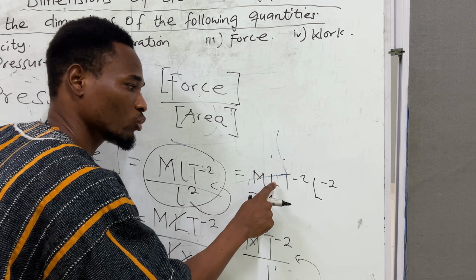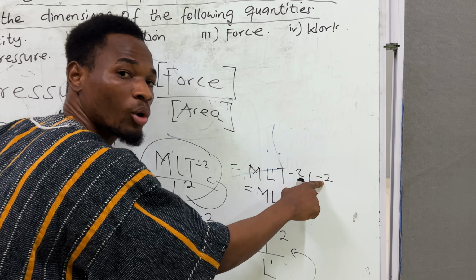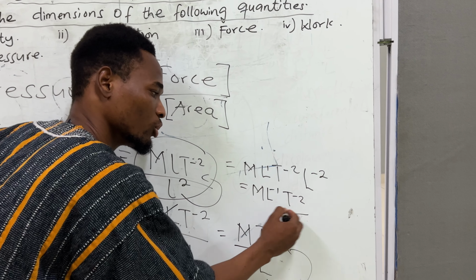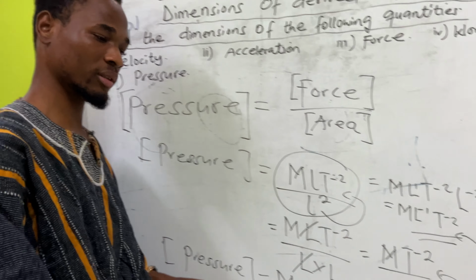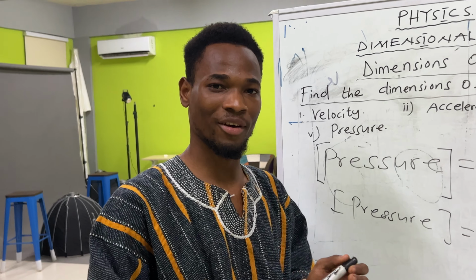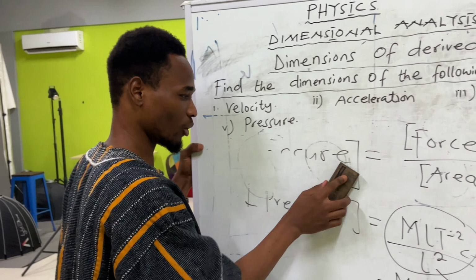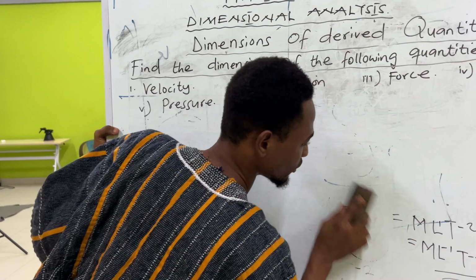They are multiplying, so when I add 1 plus negative 2, I get negative 1. Then I have my T already to the power negative 2. See, they are the same. So that is that. It's very, very simple.